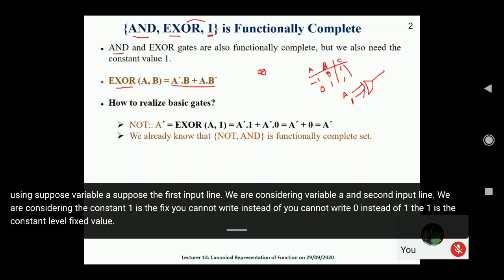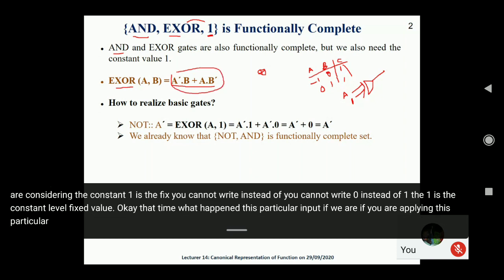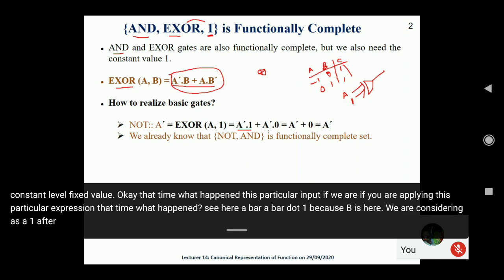Okay. That time what happens? If we apply this particular expression to this input, see here, A bar dot 1, because B here we are considering as 1. After that, what happens? Next one is 1, and this one is A bar, B equal to 0. Are you getting my point?